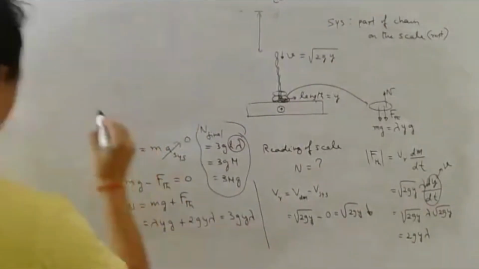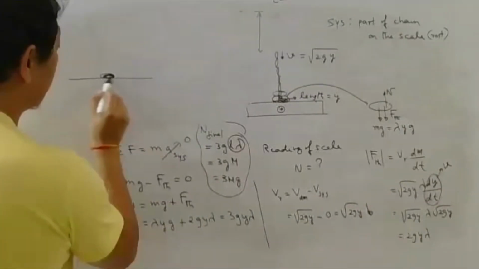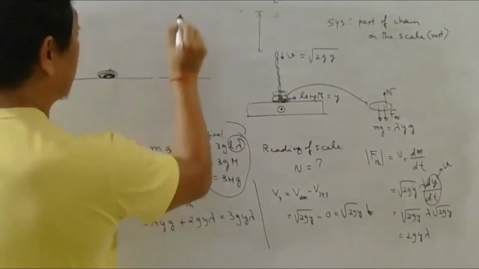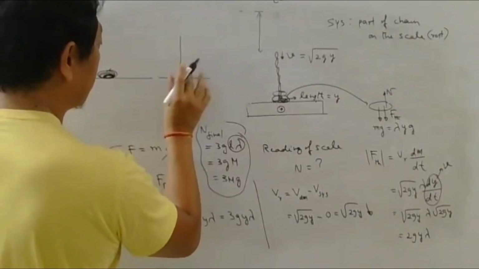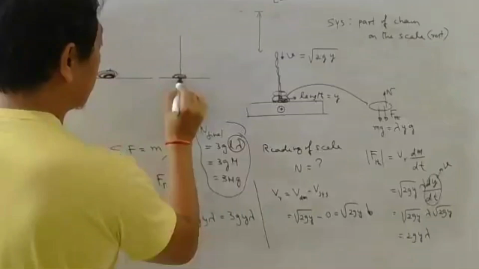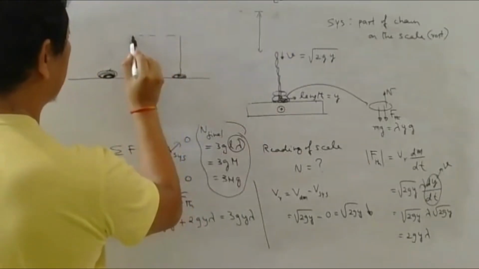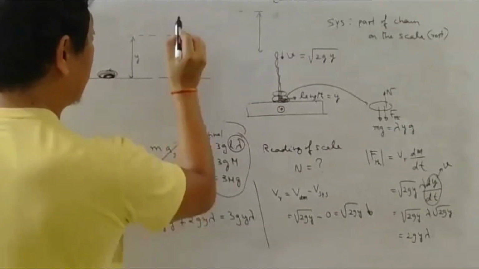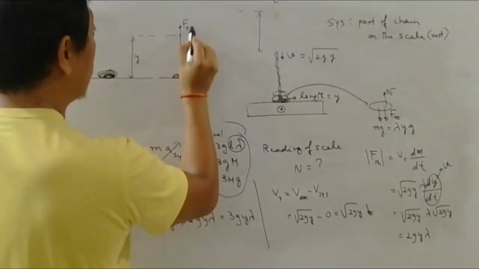Okay. So here is your floor. There is a coil like this. Then you are lifting this coil till here. You have lifted it like this. So when you have lifted by y, if you want every part to move with the same speed, what is the external force that you have to apply?